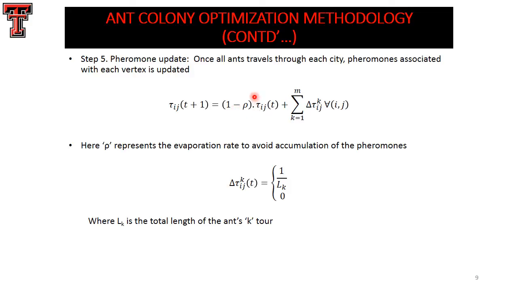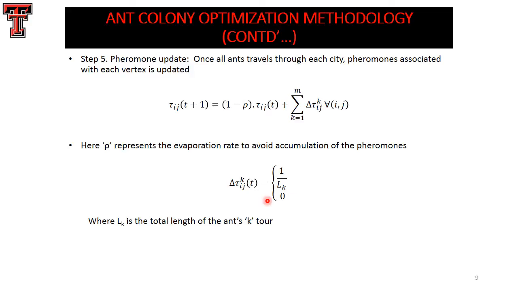If the total length of the path traveled by ant k is much less compared to the paths traveled by all other ants, then delta tau ijk for the ant k is going to be much higher compared to all other ants. This high value of delta tau ijk is added to the path traveled by the ant k.